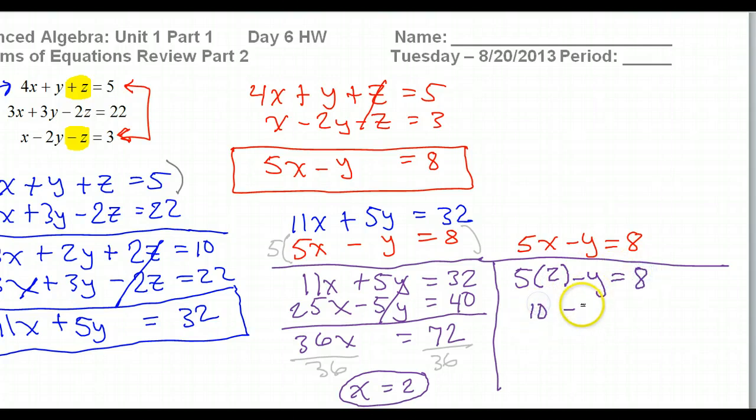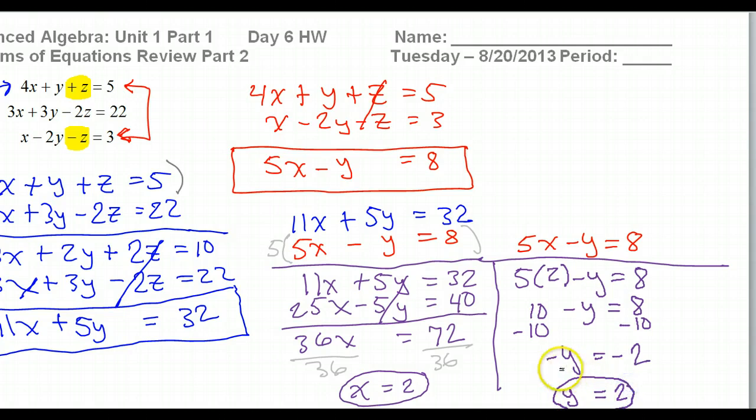So that's 10 minus y equals 8. And if I subtract 10 from both sides, I have negative y equals negative 2. So that's going to give me y equals positive 2. And that's another value I can keep.